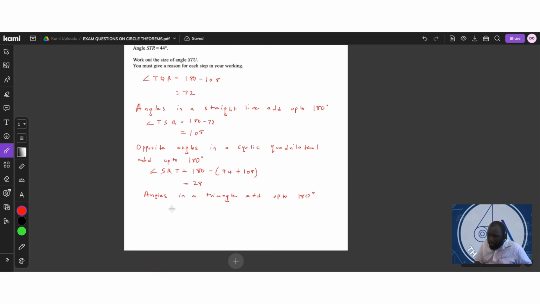Then we can now give angle STU. So angle STU is equal to 28 degrees. And the reason is exterior angle to a tangent equals interior opposite angle.